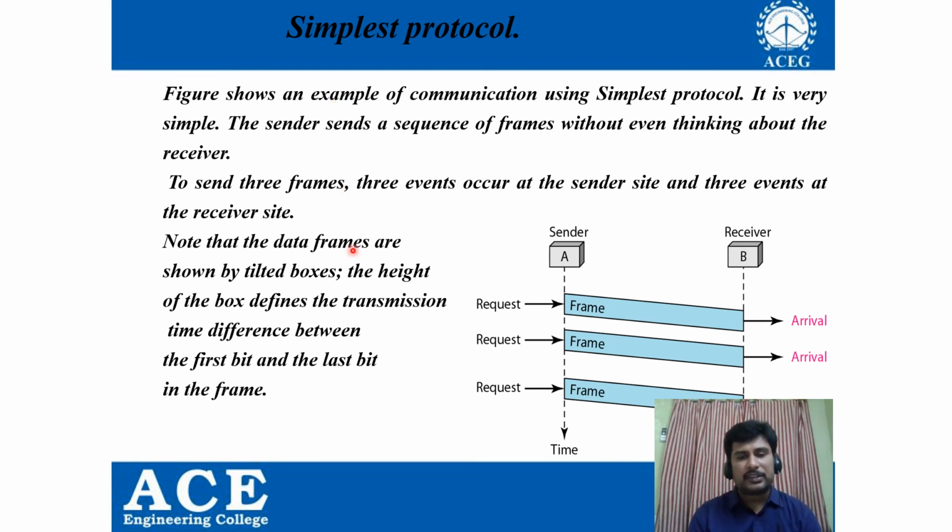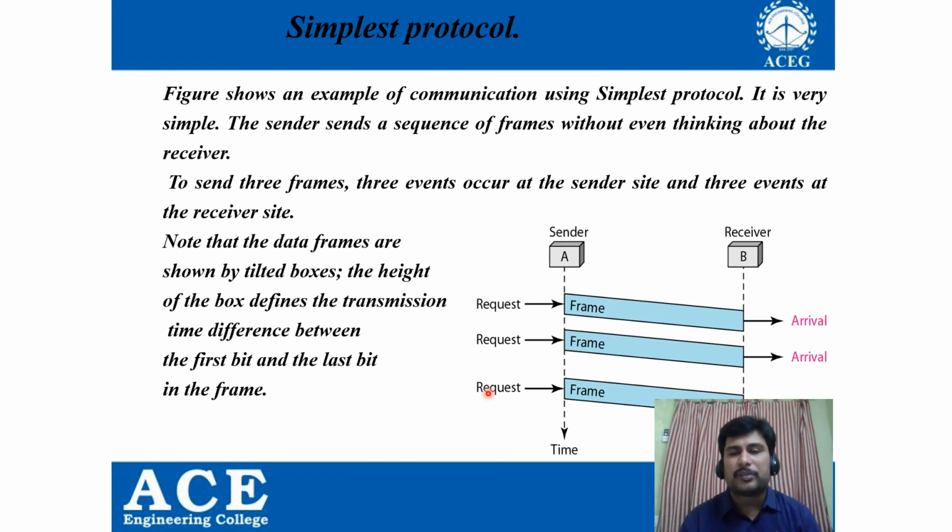Let us see an example to understand the simplest protocol. Here a figure shows an example of communication using the simplest protocol. It is simple. The sender sends a sequence of frames without even thinking about the receiver. The reason is that, as we discussed in the beginning, whatever data is sent by the sender will be received by the receiver without any loss, duplication or corruption.